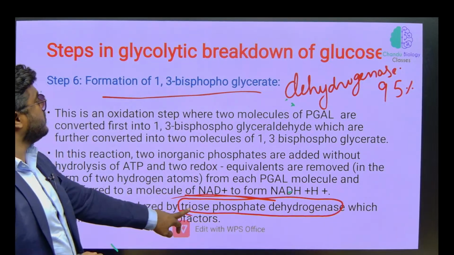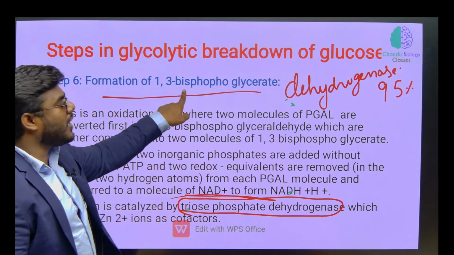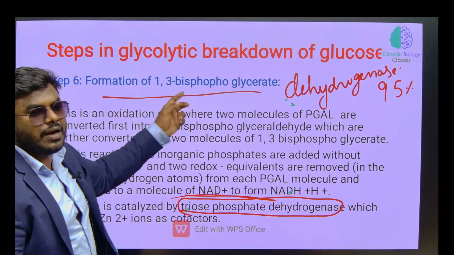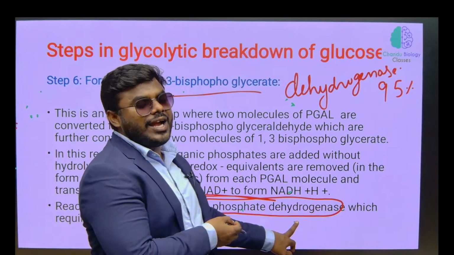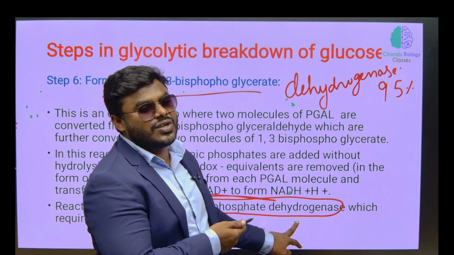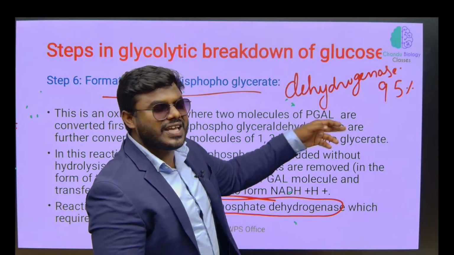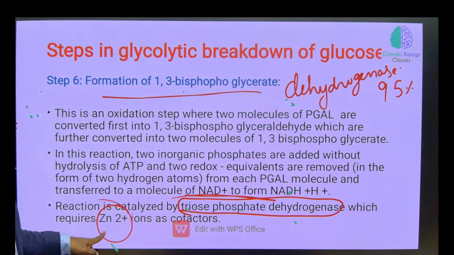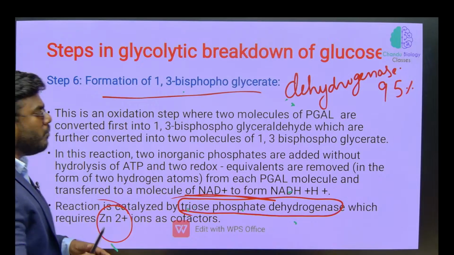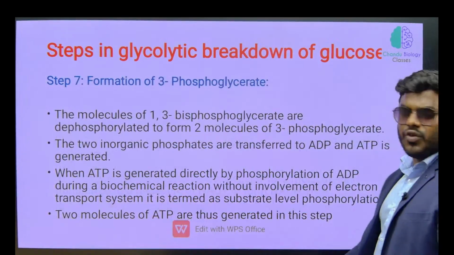Tell me, why did I use the word triose phosphate? 1,3 bisphosphoglycerate is how many carbon? 3 carbon. That's why we call it triose phosphate dehydrogenase, the enzyme involved in the reduction reactions which produce NADH or FADH2. And again the question, which requires zinc as the major cofactor. What is cofactor, friends?